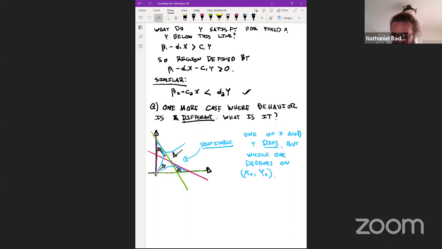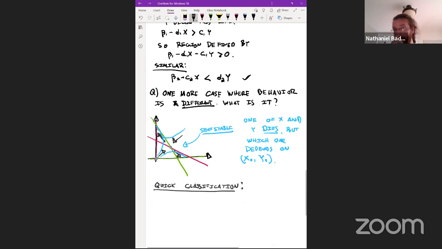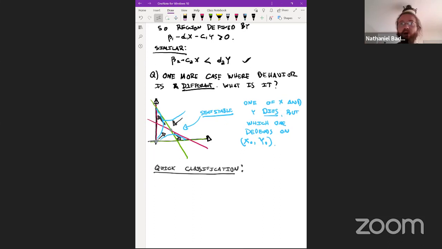Okay, so here's a quick classification. I'm not going to write the whole thing down, but this is how you should be thinking when you think about your paper and your own models, right? We've done a good job of figuring out what possible behaviors are, but now we actually want to give a formula, some sort of substantive thing that you could go out and compute with, right?